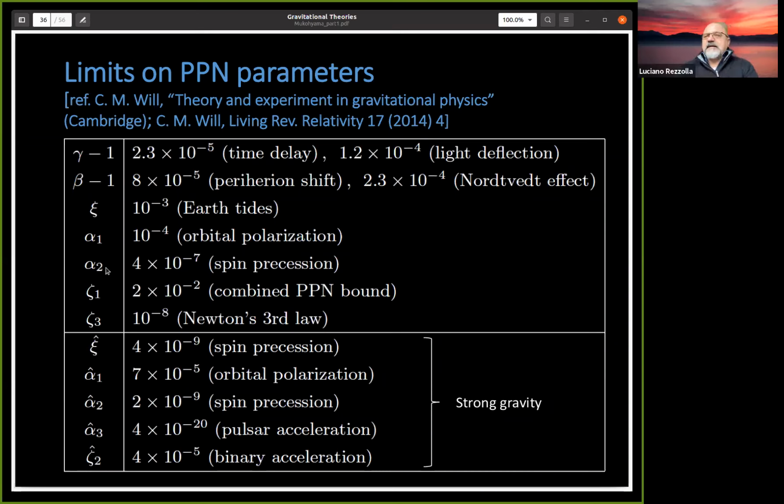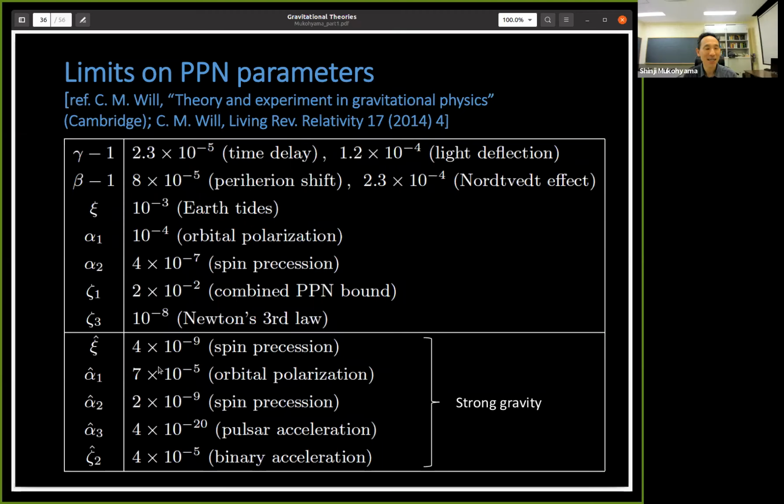So are there any expressions where people can just use constraints from strong field observations? I'm thinking about quasi-normal modes of black holes or shadow radius, and from this set constraints on PPN parameters, or it simply doesn't make sense?